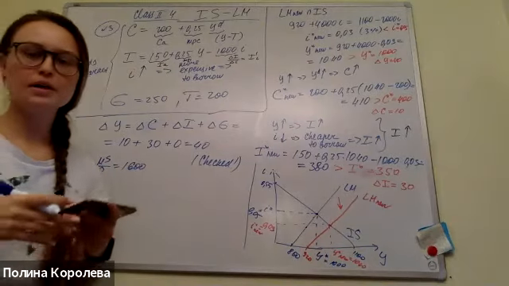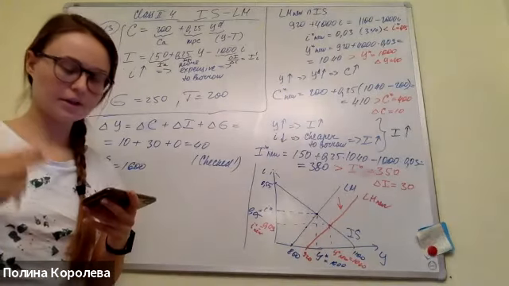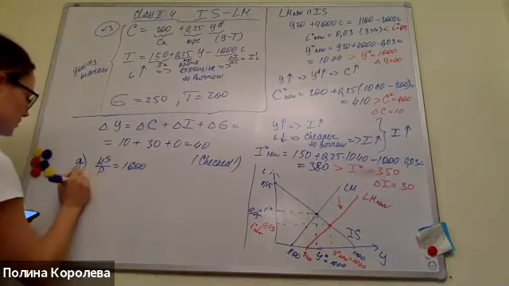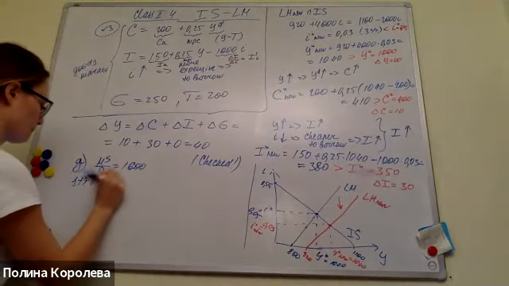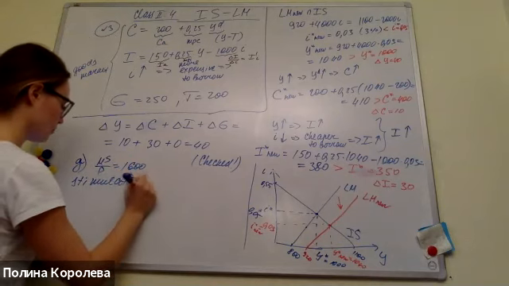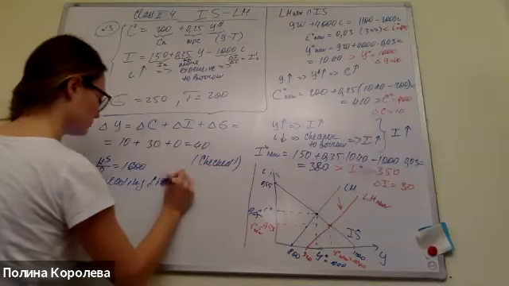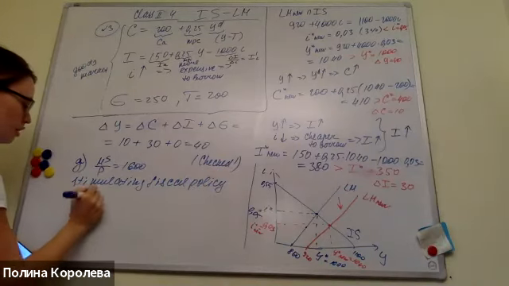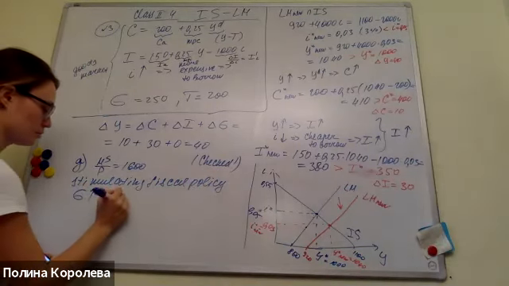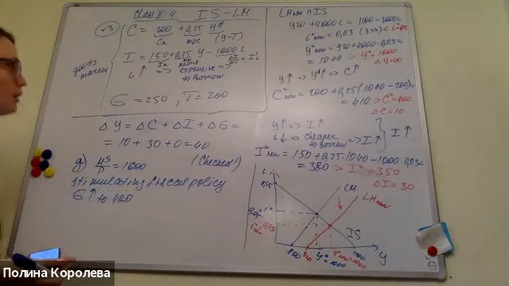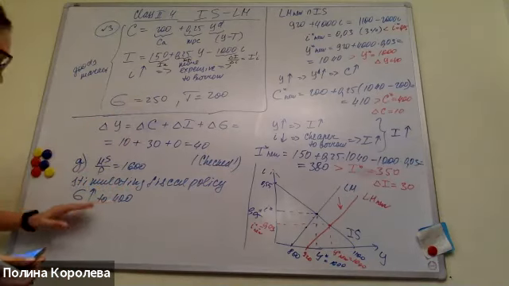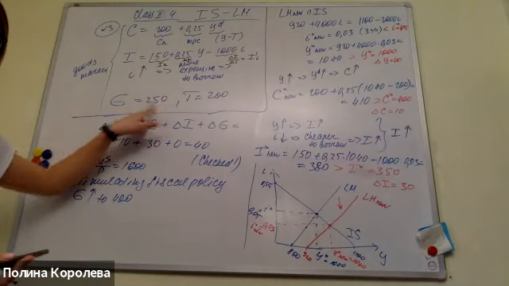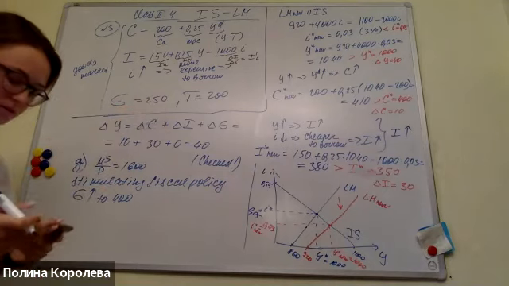So now we have increased government spending. That means stimulating fiscal policy. Government spending increased to 400, and it was before 250.